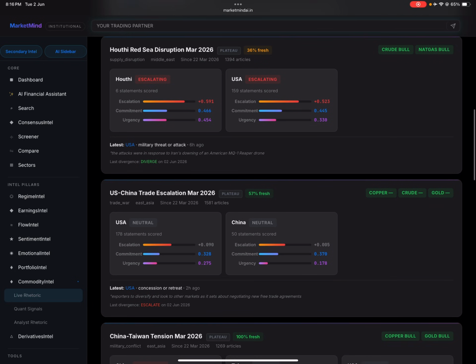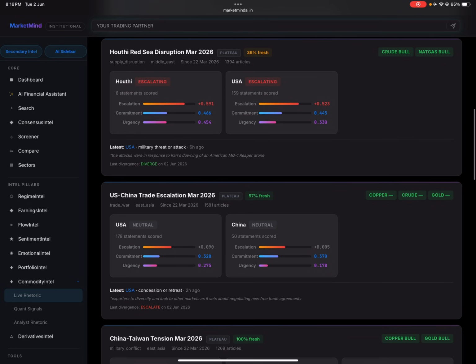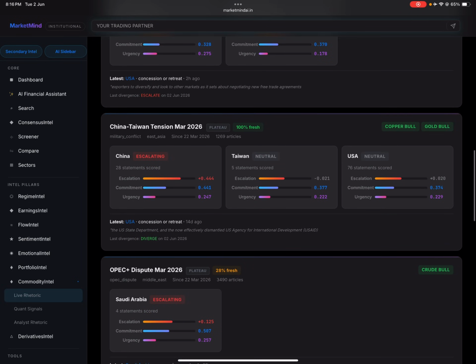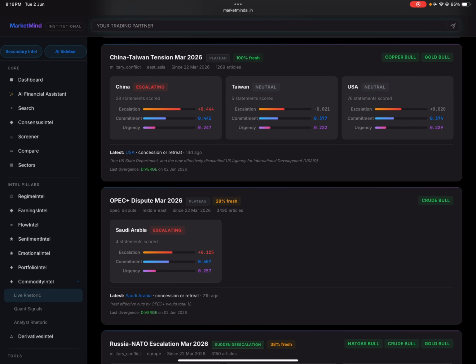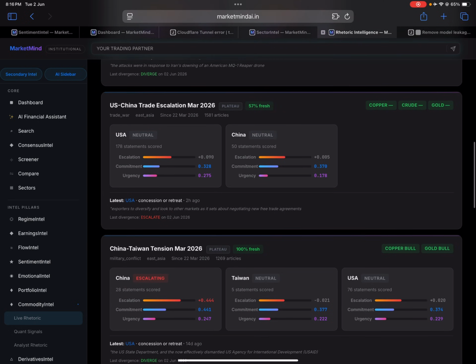We have all the other major global events currently ongoing: the US China trade escalation, China Taiwan, and of course, on the top right of each of these, you see which commodity it affects and how.